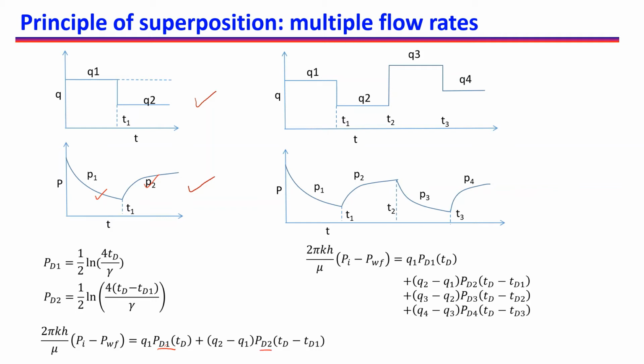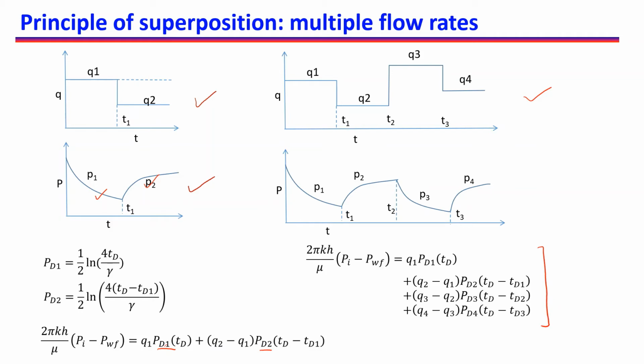Now instead of just two flow rates, if we have multiple flow rates in the history of the reservoir or in the history of the well that we are concerned about, then also we can use the principle of superposition, and this is the equation that we get.